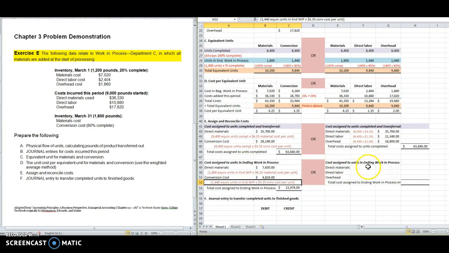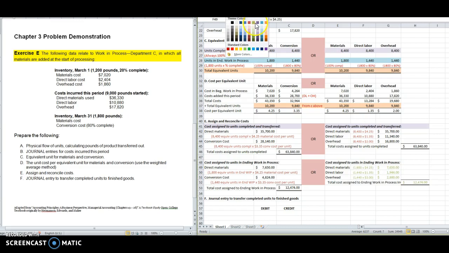We could do it by breaking out direct labor and overhead, and we can see those calculations there. So we would just take these amounts times the cost per equivalent unit. Again, notice the amounts are the same either way that we decide to do it, combining the conversions or separating them out.